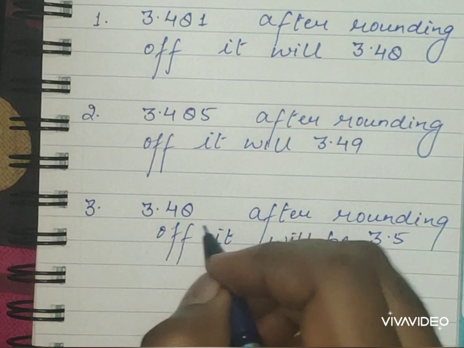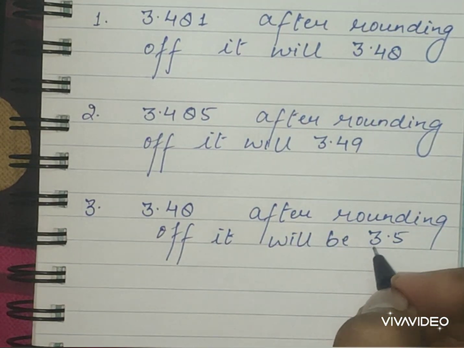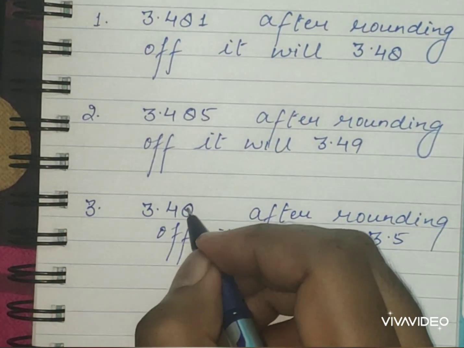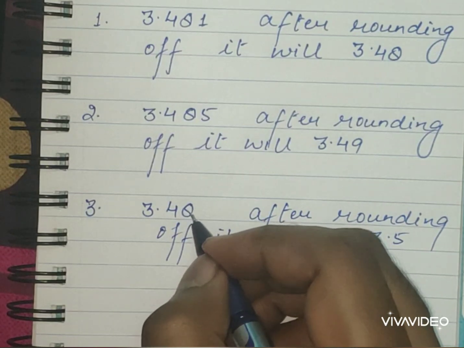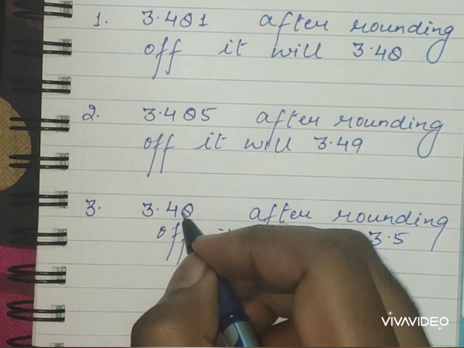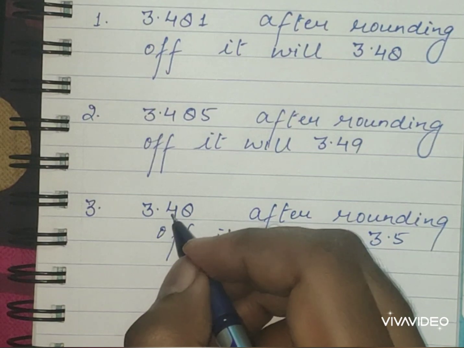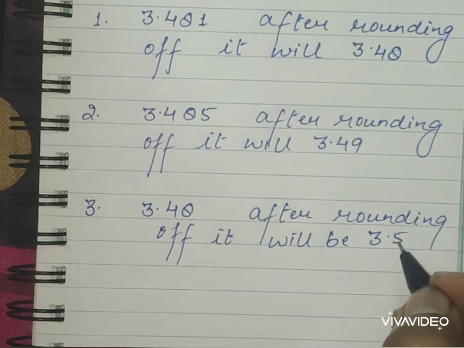So here we are requiring only till 1, so as you can see, this is greater than 5, so the first place of the decimal digit is being rounded off to 5, 3.5.